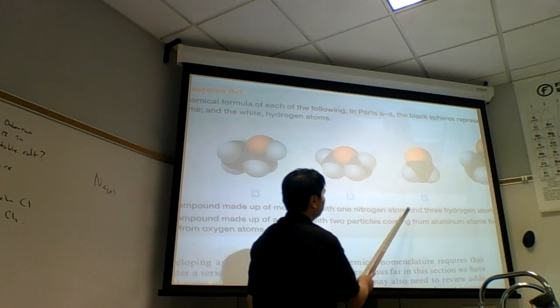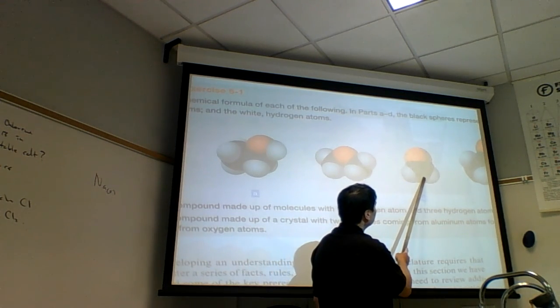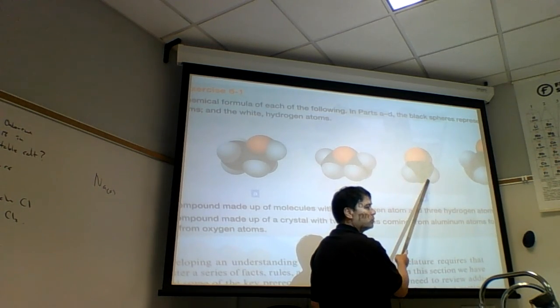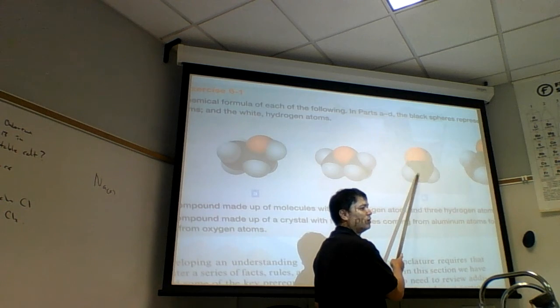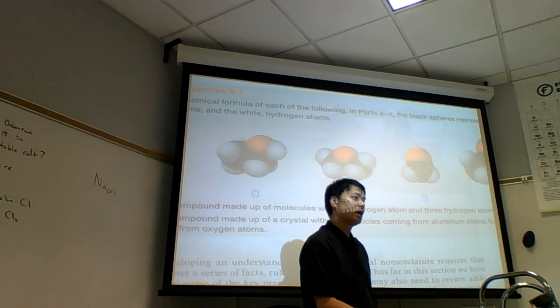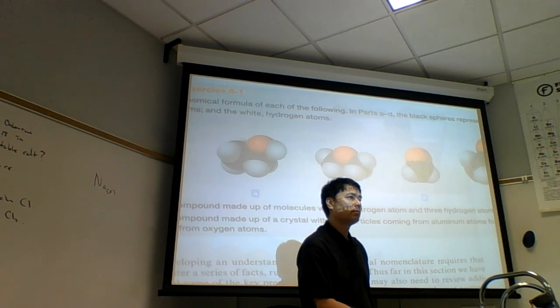Anyway, over here, what would we call it? CH2O. Have you ever heard of CH2O? Now, the H2 is not hydrogen gas. CH2O is called methanal. Methanal has a common name.